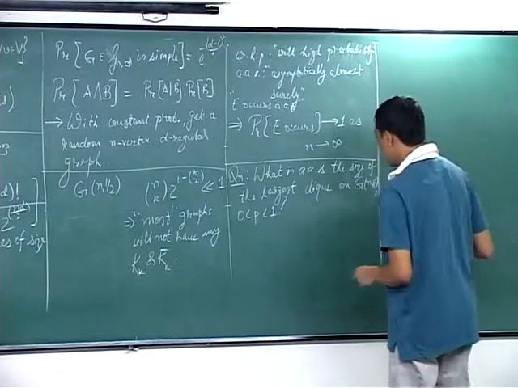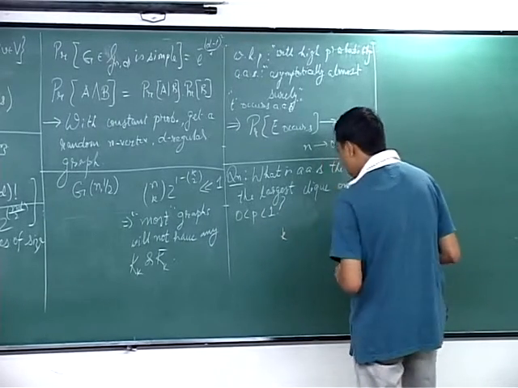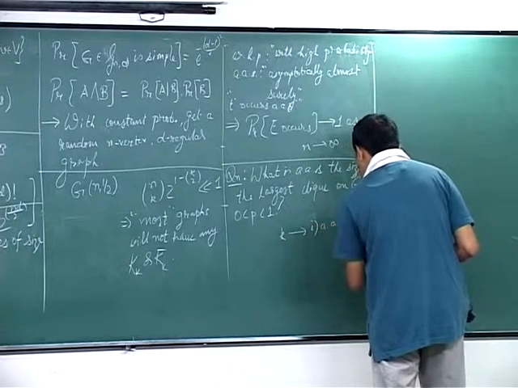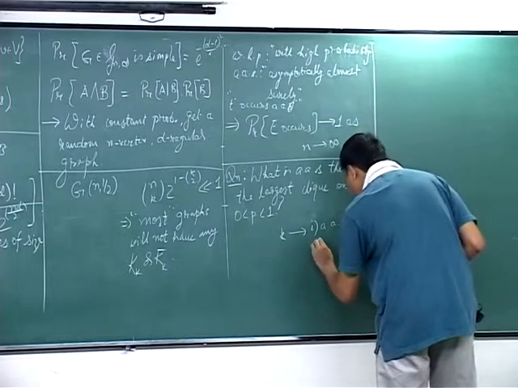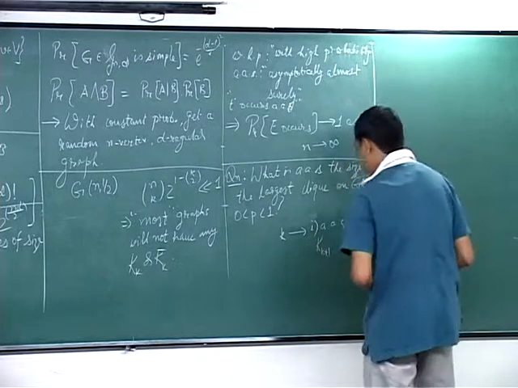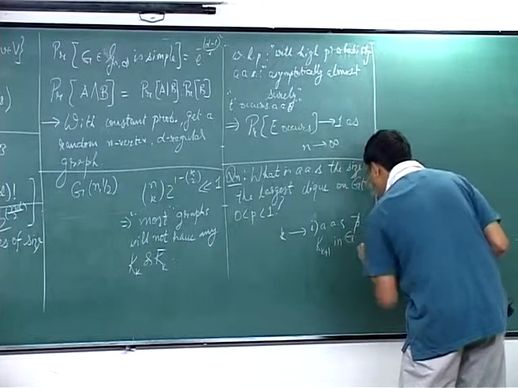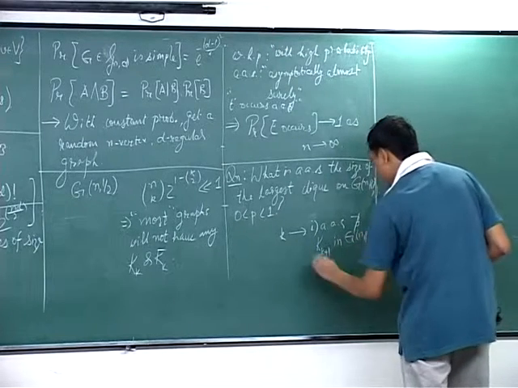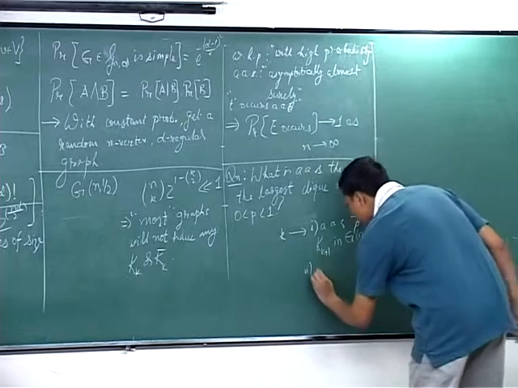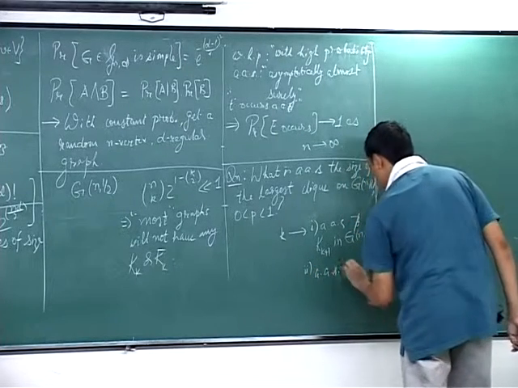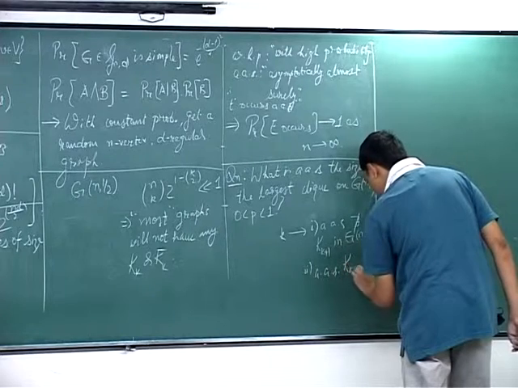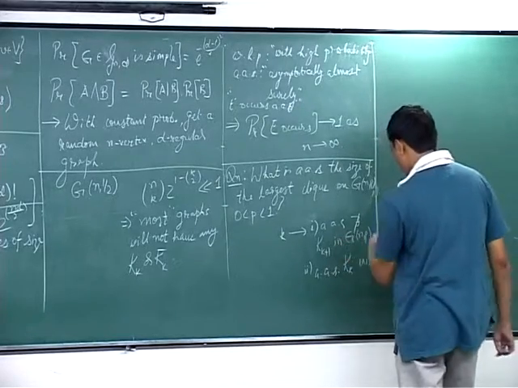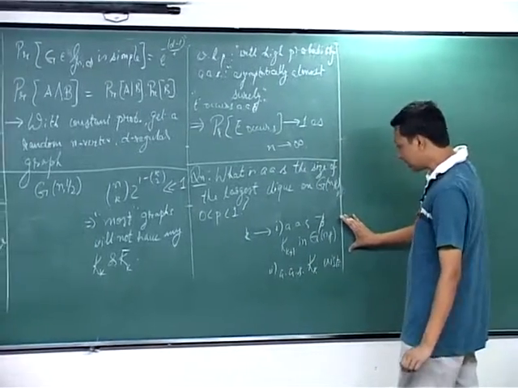What you need to show is that for some k, two things: first, a.a.s. there is no clique of size k plus 1, and secondly, a.a.s. a clique of size k exists in G(n, p).